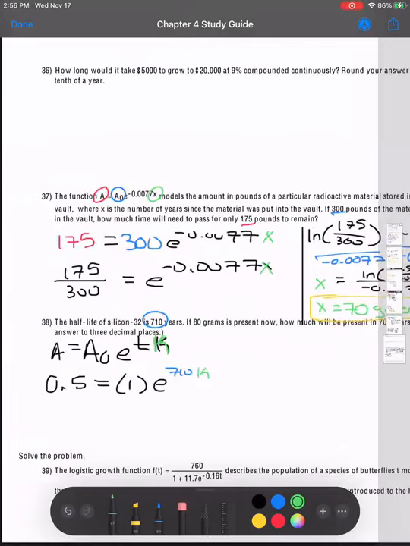So then you're just going to do a natural log on both sides. So then you're going to have ln 0.5 equals 710 k. So then you would divide both sides by 710.